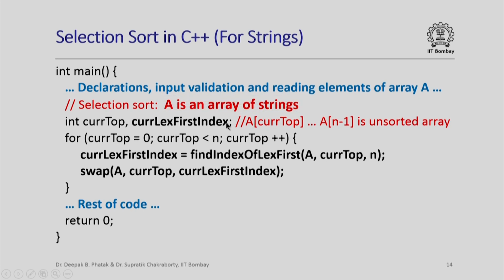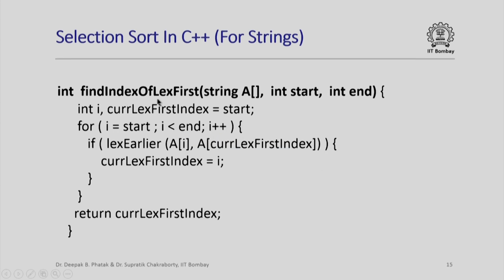Instead of having current max index earlier, I now have a variable which says current lexicographically first index, and instead of finding index of the max element earlier, now I call this function which finds the index of the lexicographically first element in the current unsorted part of the array, which is from current top to n-1. And then how does find index of lex first look like? Well, it is pretty much the same that we had earlier for find index of max, except that we are now going to pass an array of strings as an input parameter.